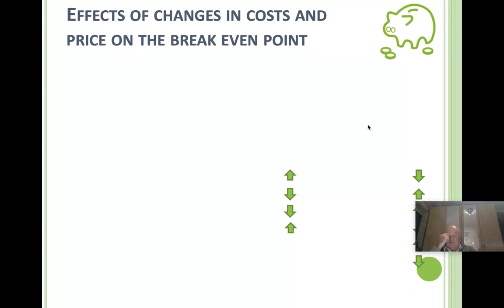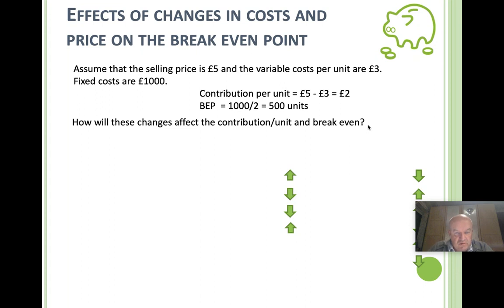Let's have a look then at the effect of changes in costs and price on the break-even point. So here are a few examples. I'm just going to run through these, and I'll leave you the presentation to take a look at at your leisure. We've got a scenario as we talked about before. Selling price is £5, variable costs per unit are £3, and our fixed costs are £1,000.